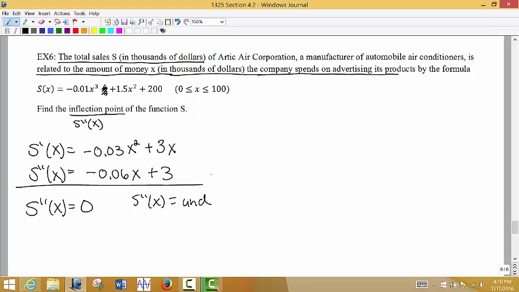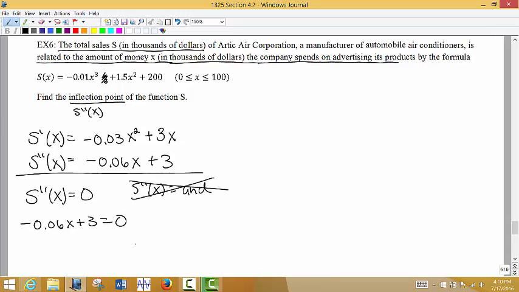Once again, we do not have a negative exponent on any of our variables, and we don't have any variables in any denominator, so cross that out. That's not possible. So let's see where our second derivative would come back equaling 0.